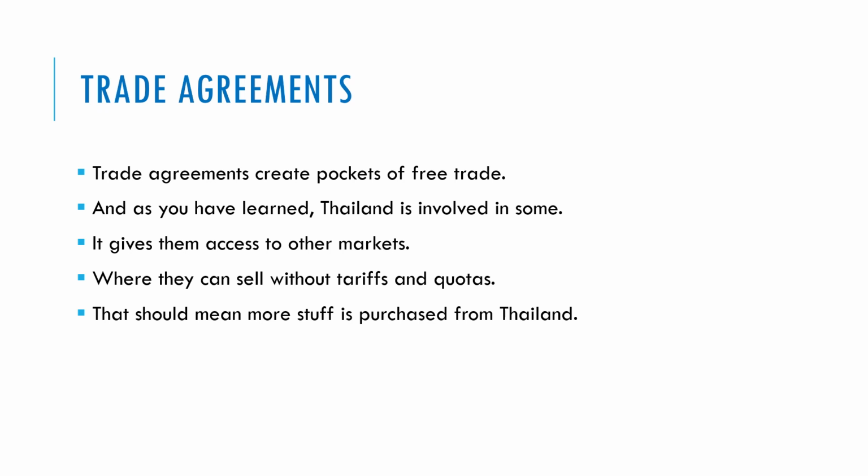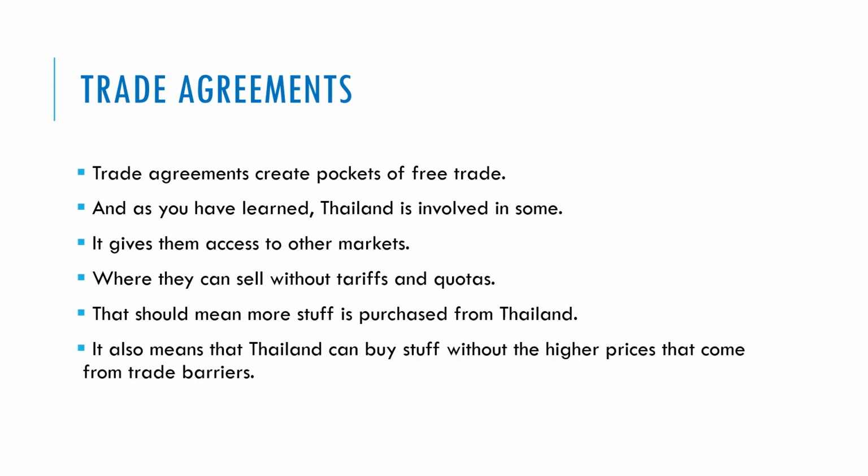Let's think about why that is. If other countries in the trade agreement can buy stuff from Thailand without tariffs and quotas in place, then the price is going to be lower. Remember, tariffs and quotas raise price, so when we don't have tariffs and quotas, that makes the price lower. So if Thailand has these other member nations who can buy from Thailand without trade barriers, they're more likely to purchase more stuff because it's going to be cheaper.